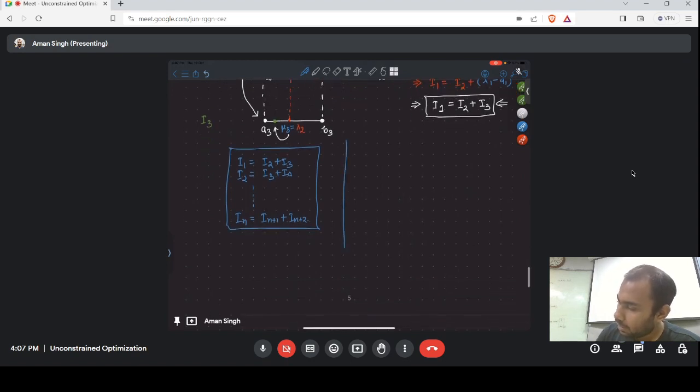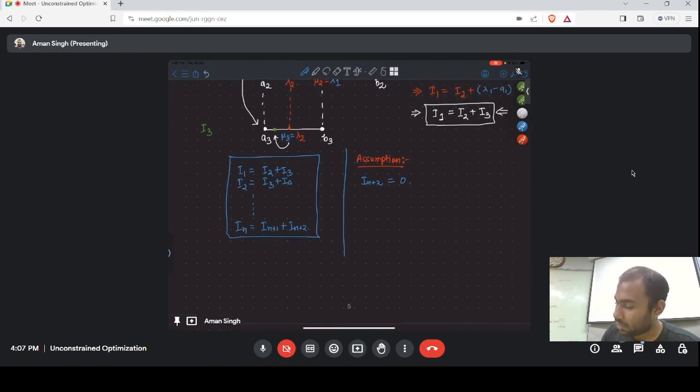Now I'll make one more assumption that will make our life very simple. So I'll assume that the length of In plus 2 is 0. So what I mean by that is, let's say I have an initial interval of AB. I keep on reducing it. First I reduce it to this length, then I reduce it to this length.